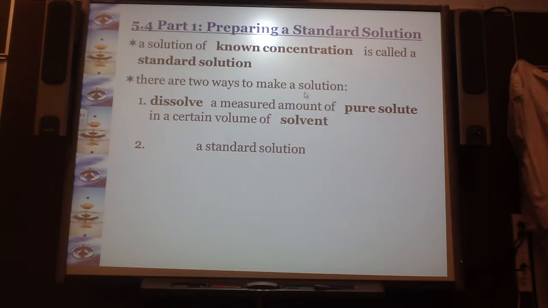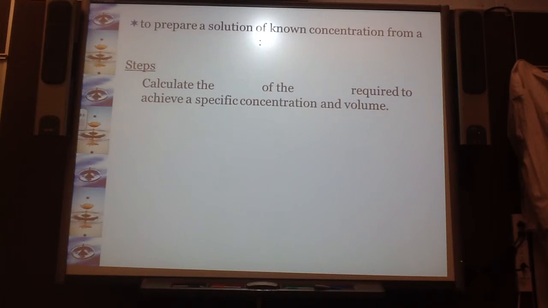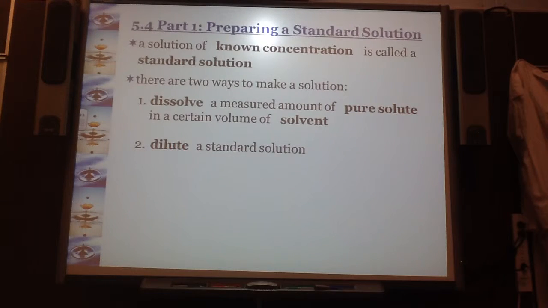What could I do to my original? You just add water. You'd have to measure out a certain amount, obviously, according to your calculations. So this is the second option, if I already have a solution made, I can dilute a standard solution. So that's the two ways to know the exact concentration. Take a measured amount of solute into a measured amount of solvent, or dilute something that you know.